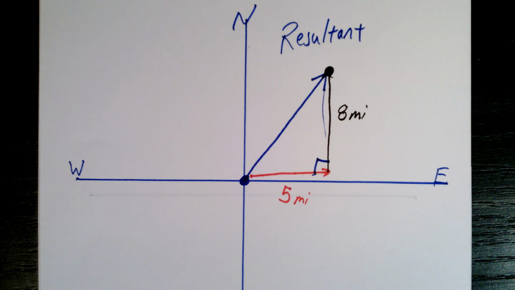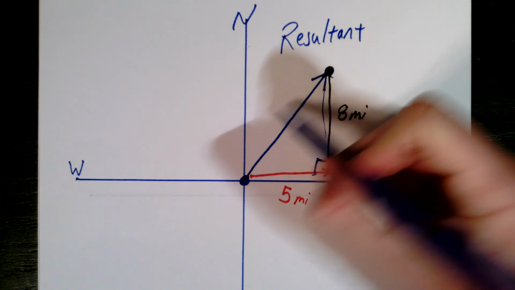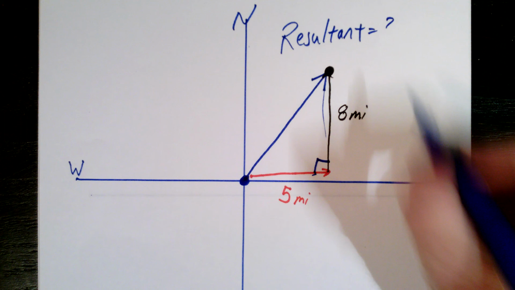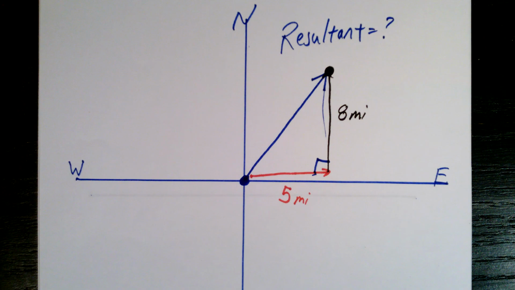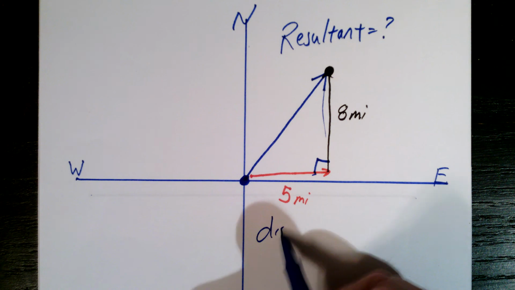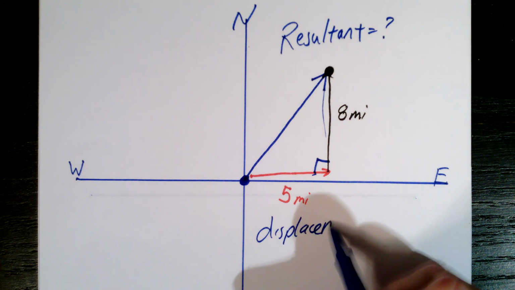Now, this doesn't have to be just displacement. Displacement's a vector, but we also know that velocity is a vector. So any vectors can be added together. So let's consider a baseball here. And let's say it is thrown through the air.